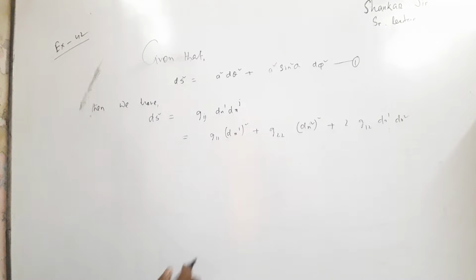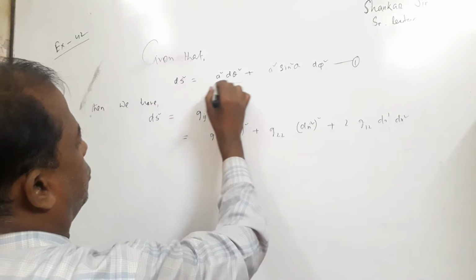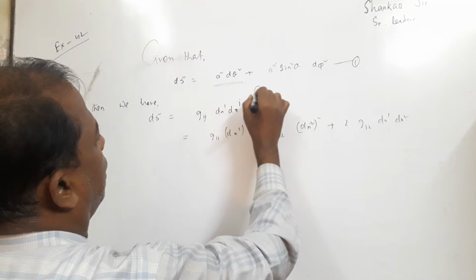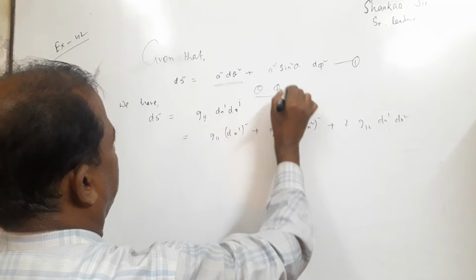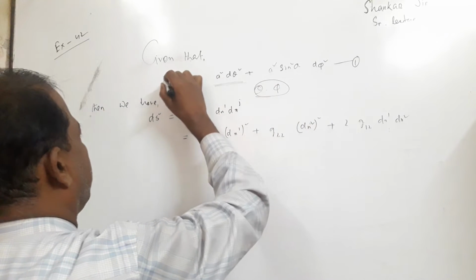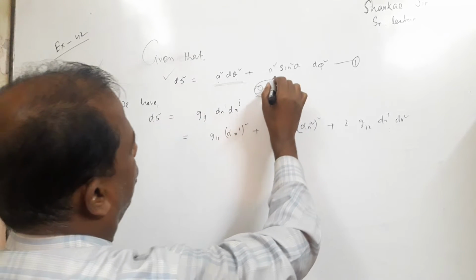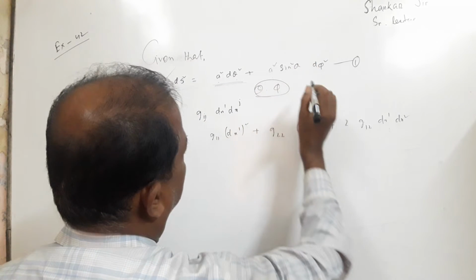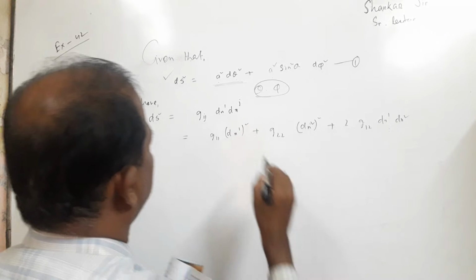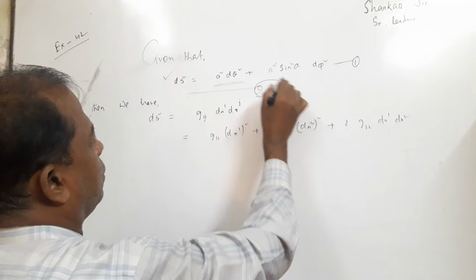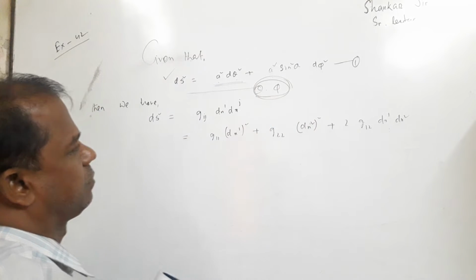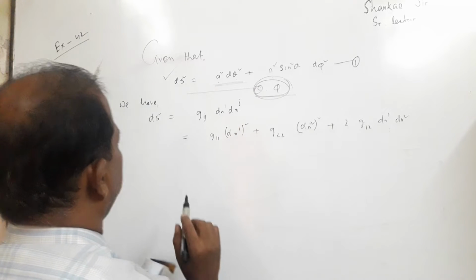We have two dimensions, theta and phi. This is the given equation, a square d theta square plus a square sin square theta d phi square. This equation has two dimensions or two functions.